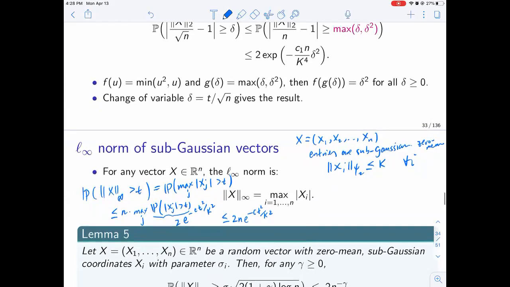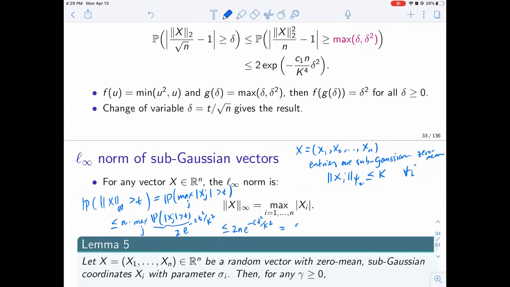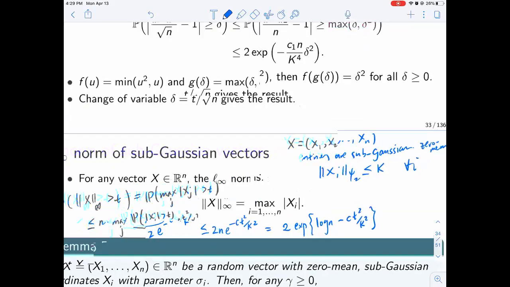So if you take n to the exponent, this will be equal to 2e to the log n minus c t squared over k squared. And now you can take the complement of the whole thing.